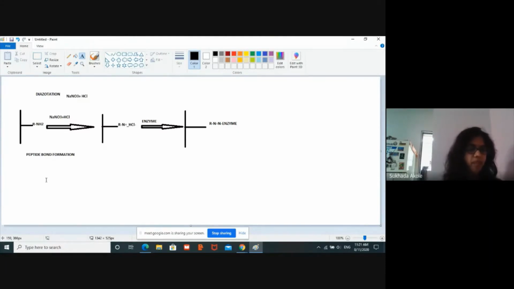Okay. So, how do we form a peptide bond? We can form peptide bond using the amine groups of the inert surfaces or the carboxyl groups of the inert surfaces, and then using amino groups or carboxyl groups of the enzymes. Okay.